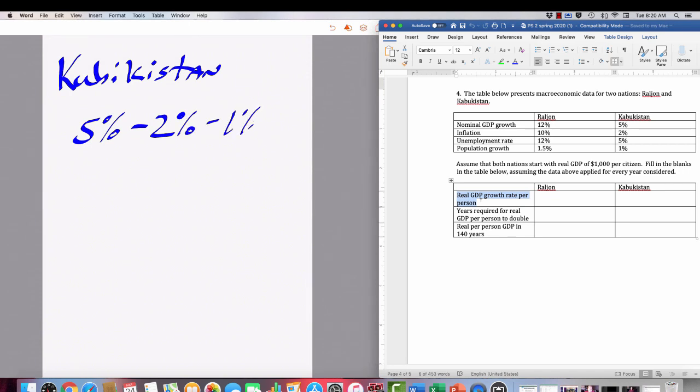It's 1%, which means that the real GDP per person is growing at a rate of 5 minus 2, which is 3 minus 1, at 2%. That's real GDP per person in Kazakhstan.